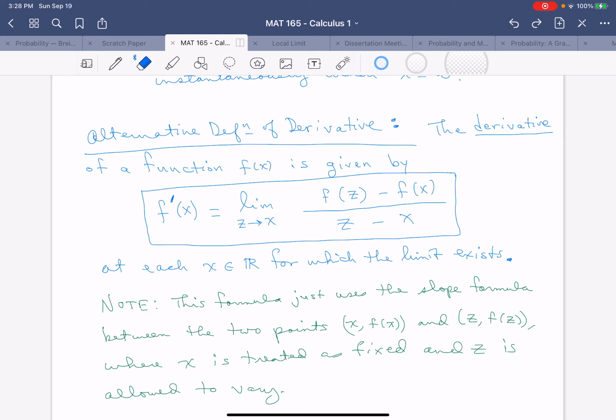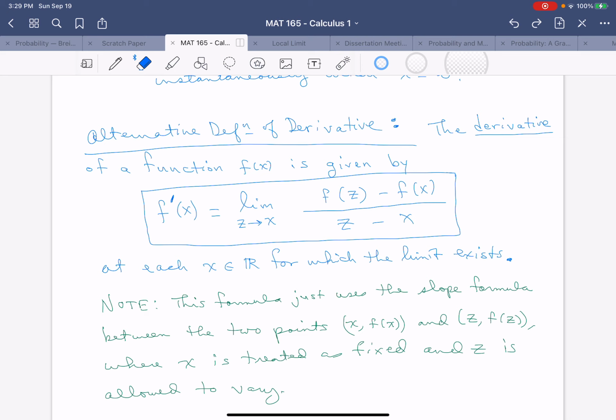So we're just taking 2 different points, and we're considering x to be fixed and z to be variable. So z can vary, but we're thinking of x as fixed. And so it's just the limit as z gets closer and closer to x of that slope formula, basically.